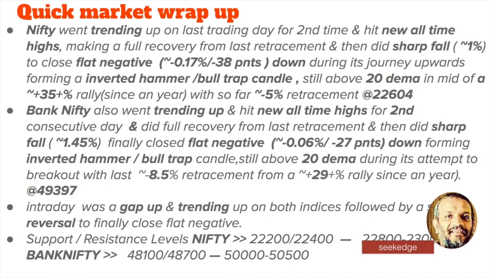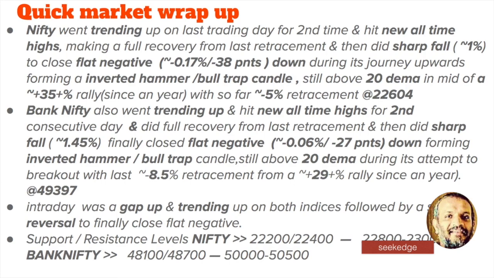All the gains went back, with a negative 38. That's flat to negative, 0.17% down. Remember, it's at 22,600, at 35% value with just 5% retracement so far. It's still above the 20 exponential moving average, but the candle formed is an inverted hammer, a bull trap.